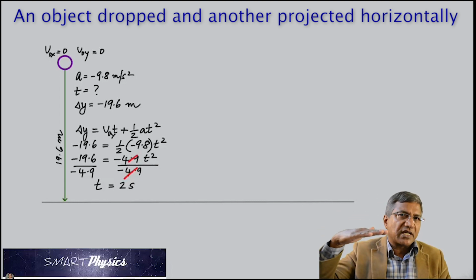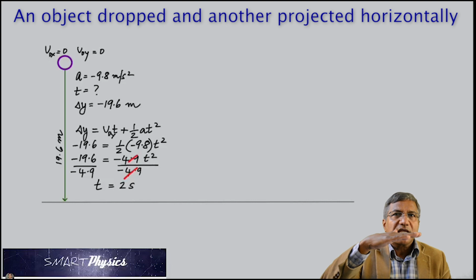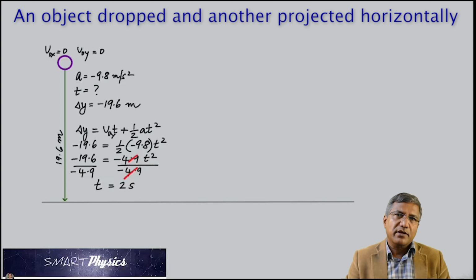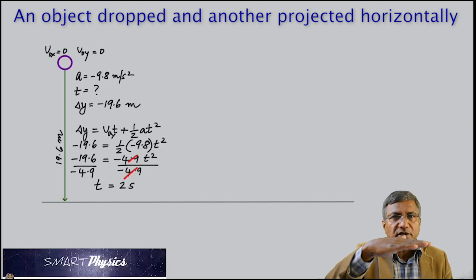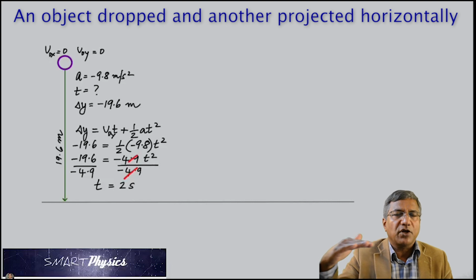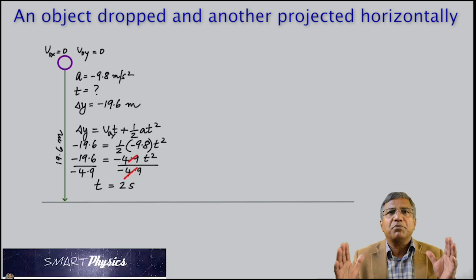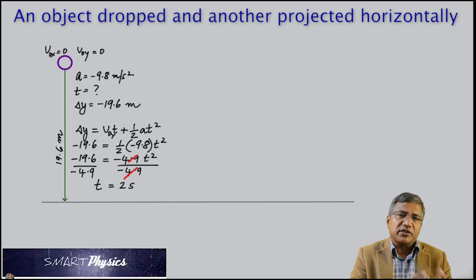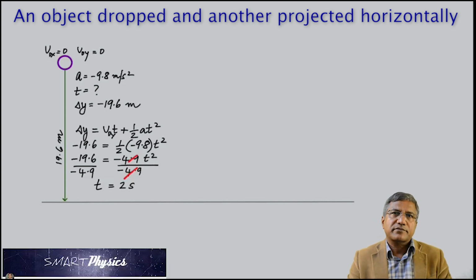Although I give this a horizontal velocity, its initial vertical velocity is still 0. It's true that I've given it a velocity, but that's along the horizontal. So you should be able to see the difference between the horizontal and the vertical.